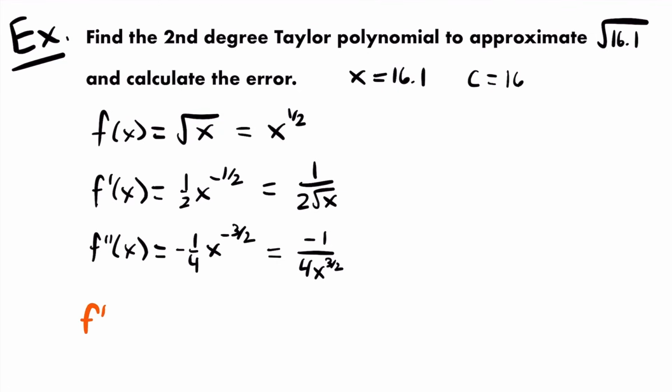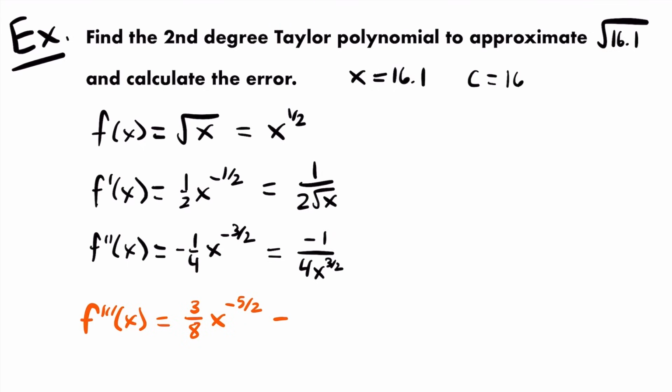But the third derivative, f triple prime of x, will be equal to the derivative of our second derivative. So if we multiply that exponent down, we'll have 3/8 times x to the power of negative 5/2 if we subtract 1 from that exponent, right? Negative 3/2 minus 1 is negative 5/2, and multiplying this exponent down, we have negative 3 times negative 1, which is positive 3, and then 2 times 4, which is 8.